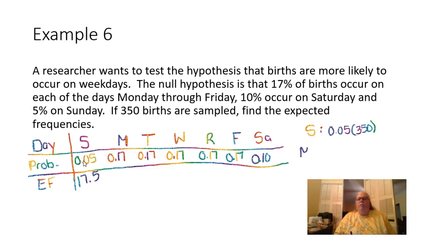From Monday through Friday, we're going to have a probability of 0.17 times 350, and that's going to give me 59.5.